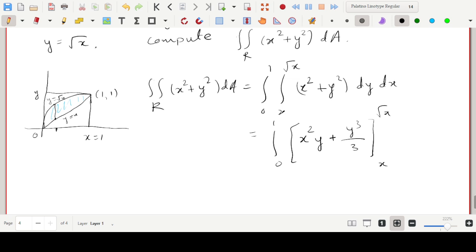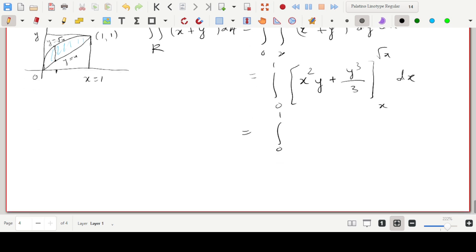Limits of integration and then dx. So 0 to 1, let's substitute for y: x square root x.